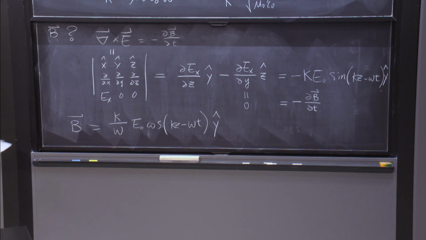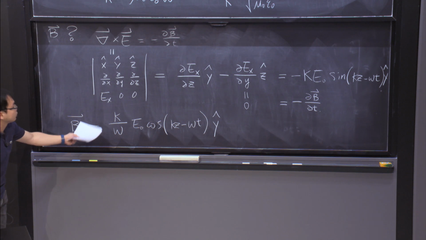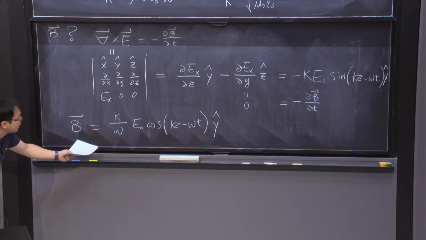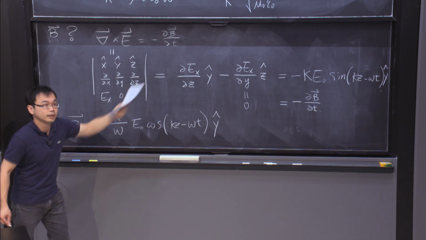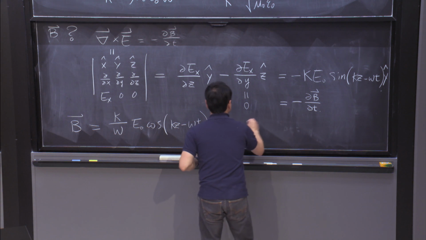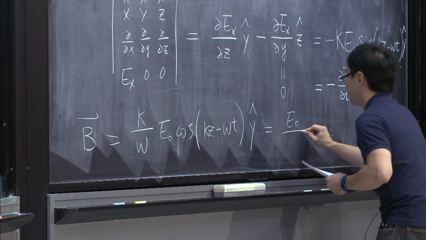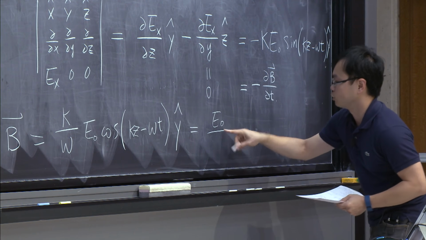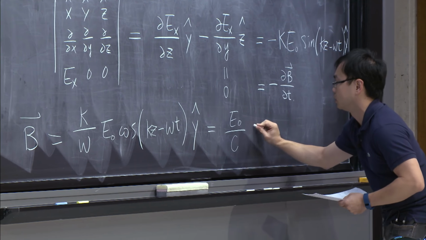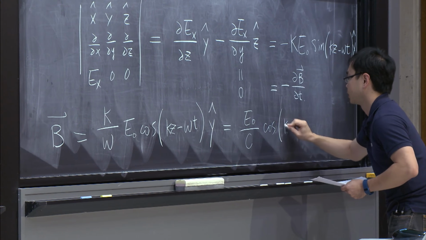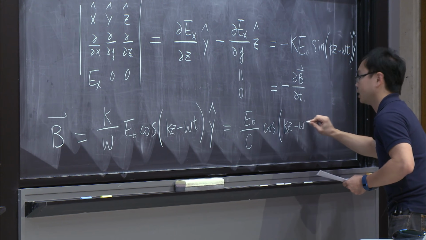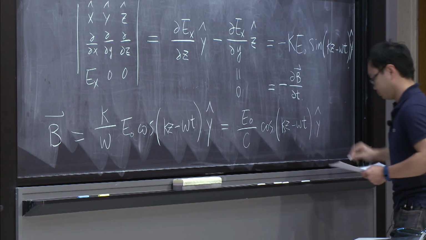And of course, k over omega is actually 1 over c. So you can simplify this expression, and this is equal to E0 over c cosine(kz minus omega t) in the y direction.